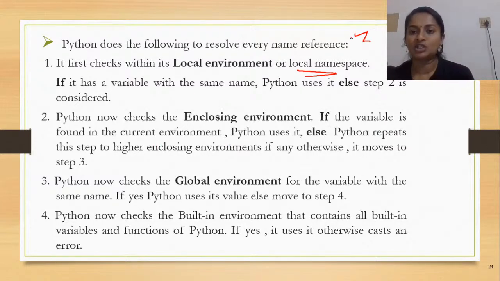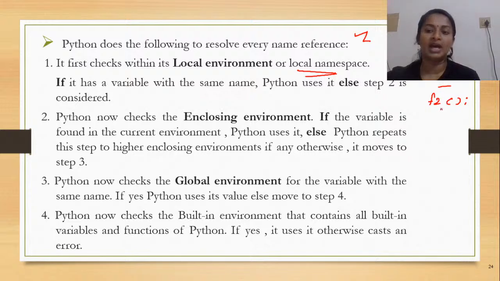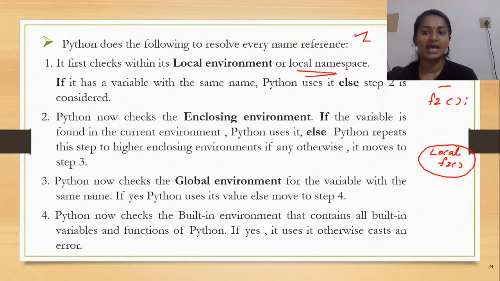Let us imagine I have two functions, say f1, and inside f1 I have another function, say f2. When you consider the environments, F2 would have a local environment. Imagine this is the local environment of F2. Then you have F1, which is the function in which F2 is contained.